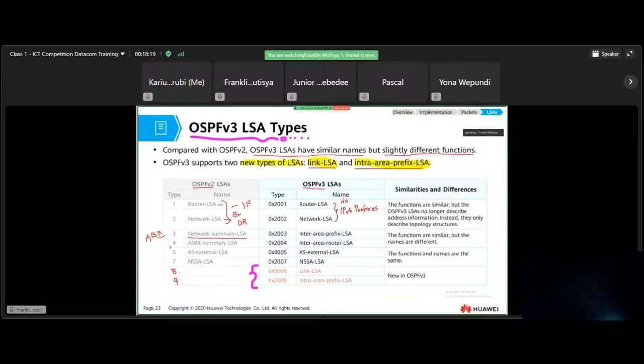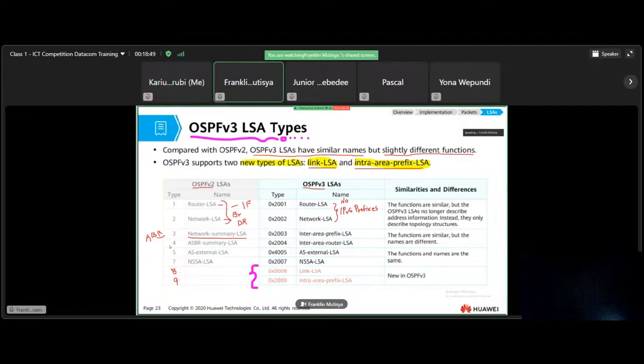It is used to assist in inter-area routing within an OSPF domain. It is used to advertise routes from one area into another area, so it is used for inter-area route transfer. We refer to that LSA as the network summary LSA for OSPF version 2.